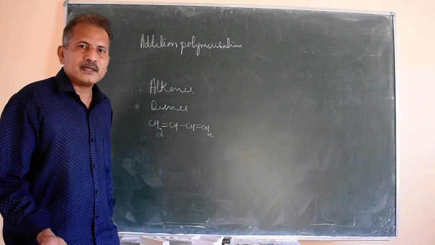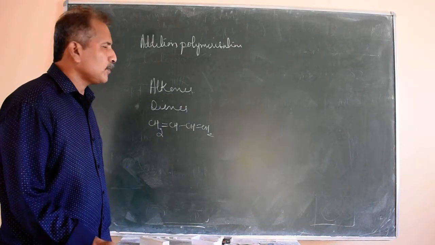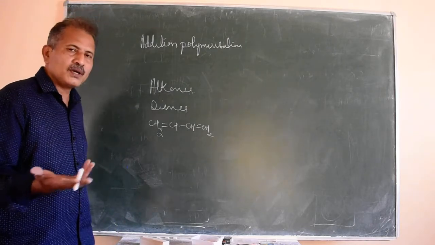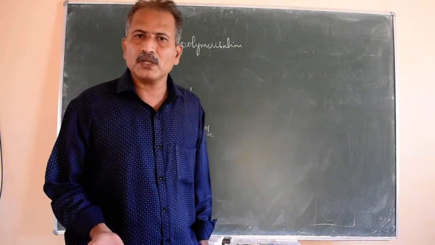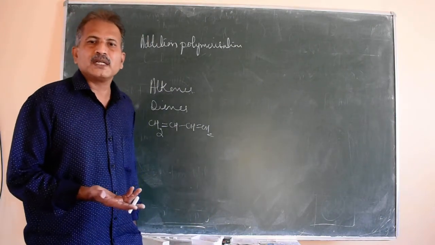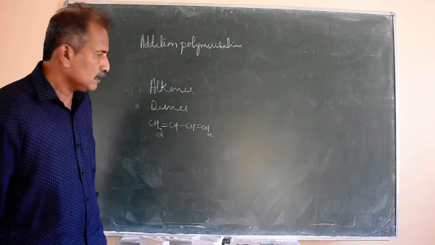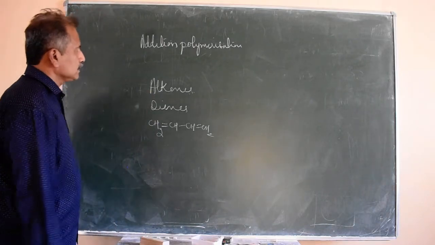So one of the best addition polymers is polythene, where you have low density as well as high density polythene. Then you have polytetrafluoroethylene, then you have polyacrylonitrile. All these are addition polymers.